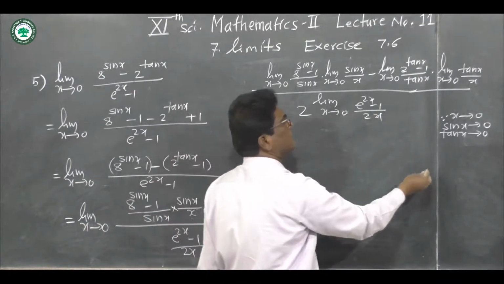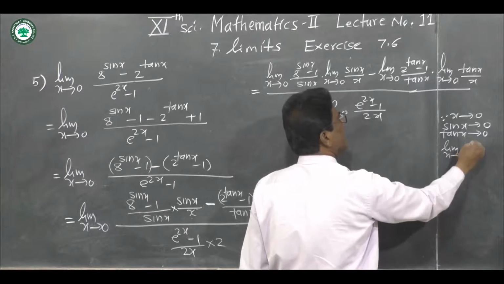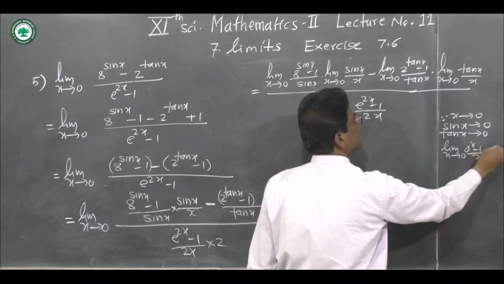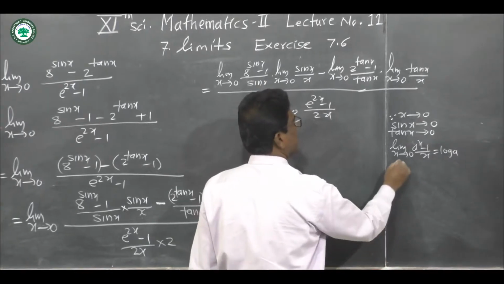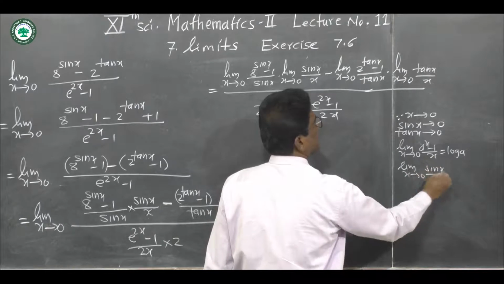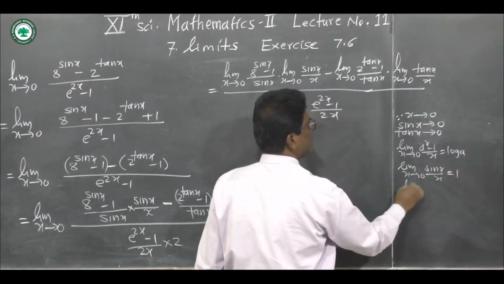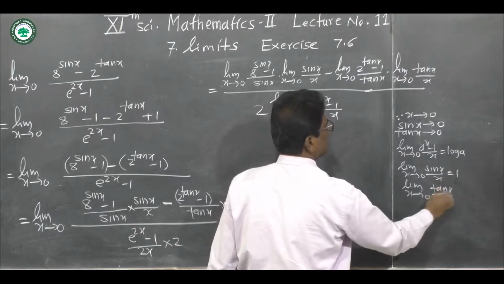And use the standard formula: limit as x tends to 0, a to the power x minus 1 upon x, that is equal to log of a, and limit as x tends to 0 sin x upon x is equal to 1, and limit as x tends to 0 tan x upon x is also 1.